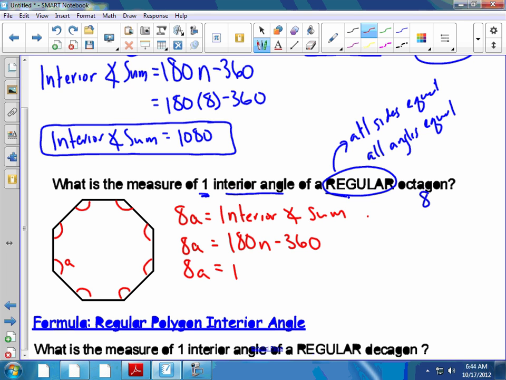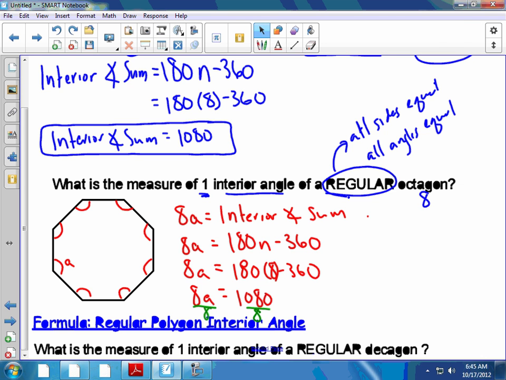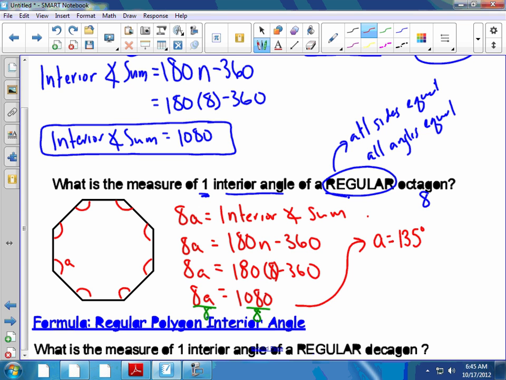So we plug in 8. We get 8A equals, and I evaluate this, turns out that we get 1080. And then we divide both sides by 8, and that gets us A equals 135 degrees.